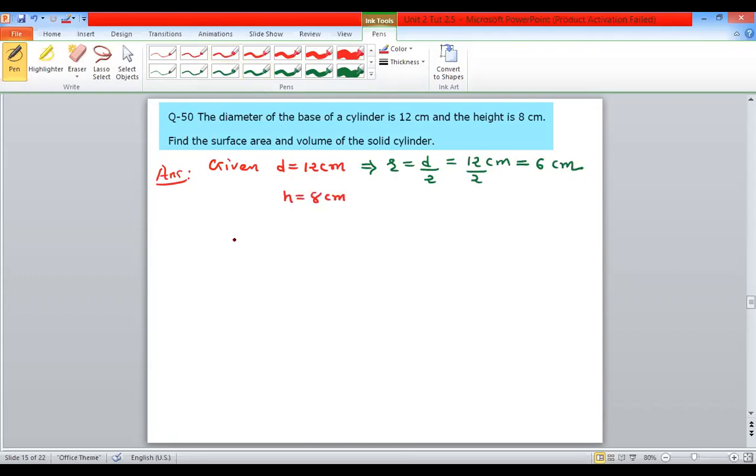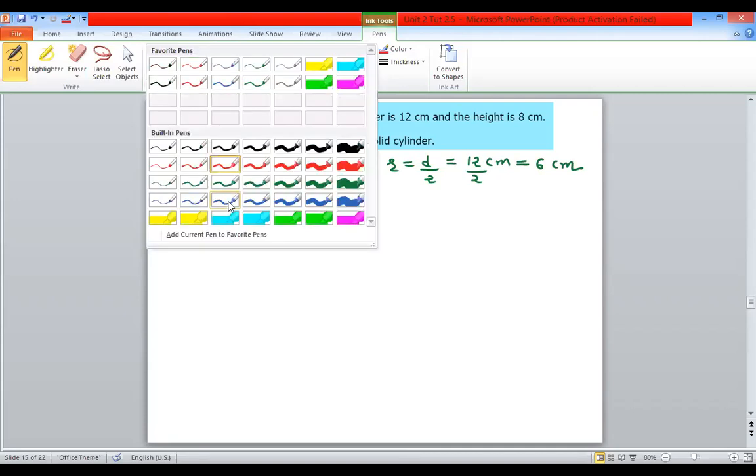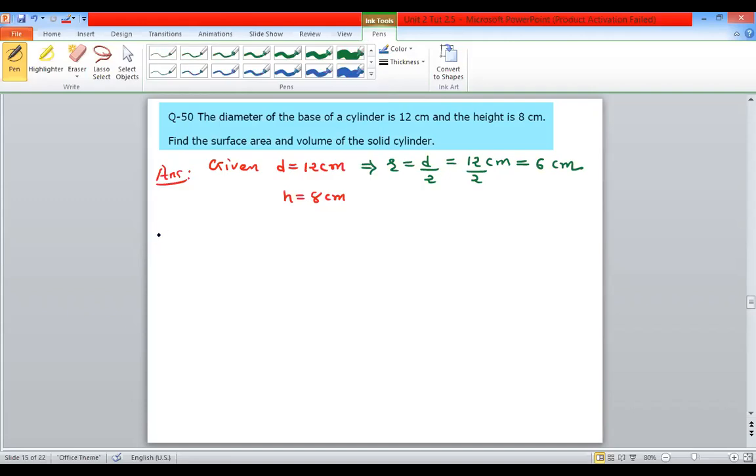Now I find the surface area and volume. The surface area's formula is 2 pi r h. Put everything in: 2 pi, pi is 22 by 7, r we derive from the diameter.